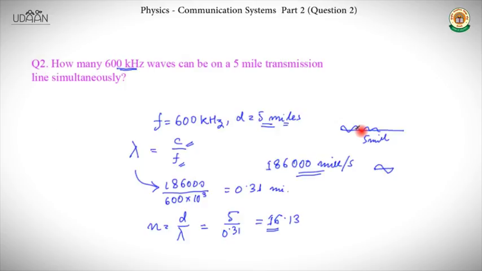Using that reduces our work, since we don't have to convert, and conversions are usually inaccurate and take time. Most people will not remember the ratios, so we can simply remember this value and use it when we need. We found the wavelength to be around 0.31 miles, and then we simply divided 5 miles by 0.31 miles to get the number of waves on this transmission line.